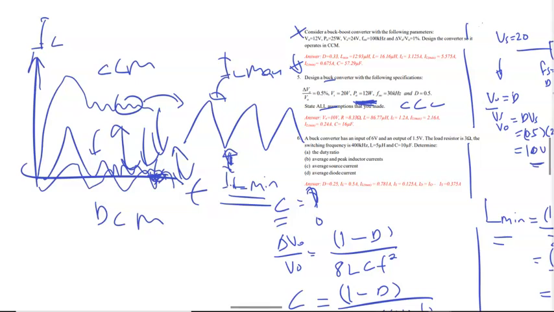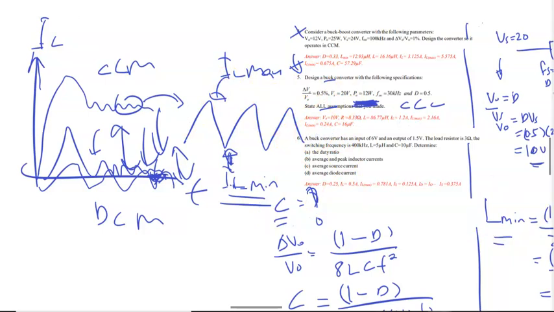So here you can calculate for this power value to see how much is your IL max. But it's not compulsory. So the most important is that you have to calculate for L and C. Okay, that's for number 5.